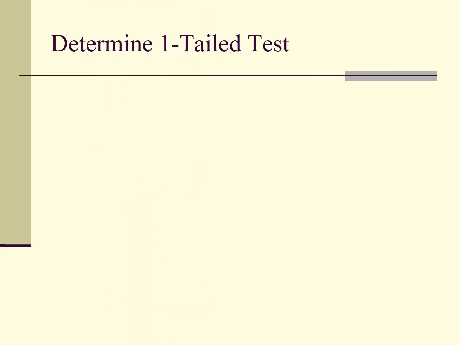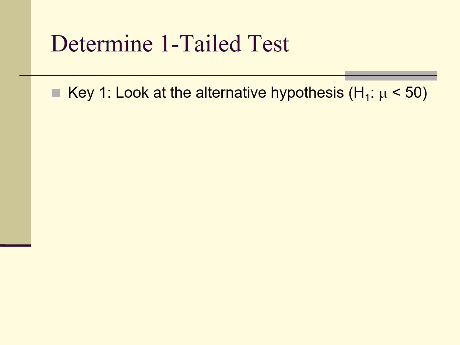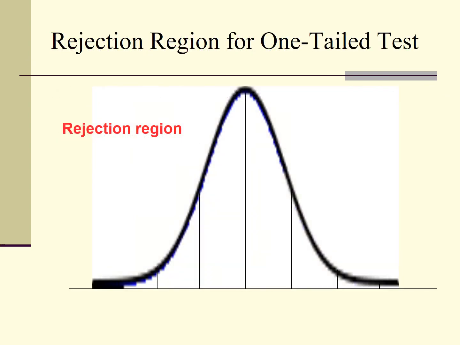Now let's look at how to determine if it is a one-tailed or two-tailed test. The key is to look at the research hypothesis. In our example, mu is less than 50. That is our research hypothesis. So next, we need to draw the distribution. If it's this distribution, then it is a one-tailed test.